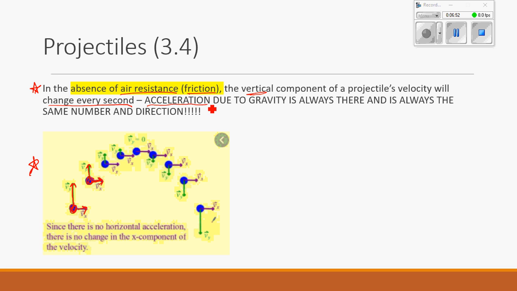Acceleration due to gravity is always there and is always the same number and direction. Although the further away you get from a massive body like the Earth, you will have less and less gravity, but there is always gravity. And for us, what is that number? 10 meters per second squared. And we use negative because we say down is negative. That is always there.